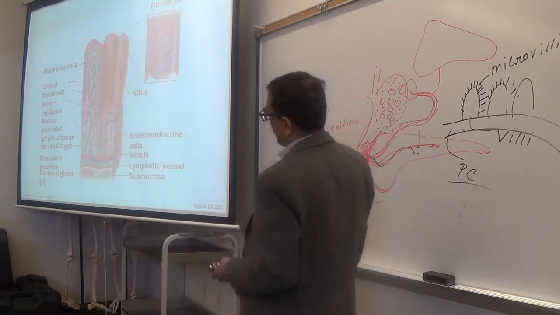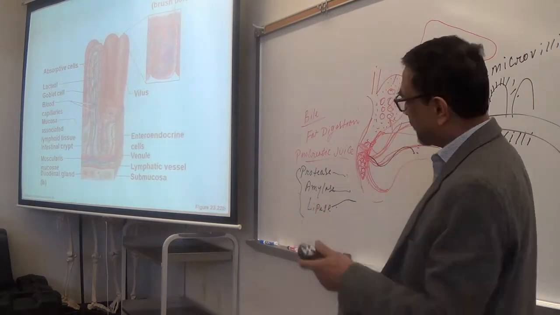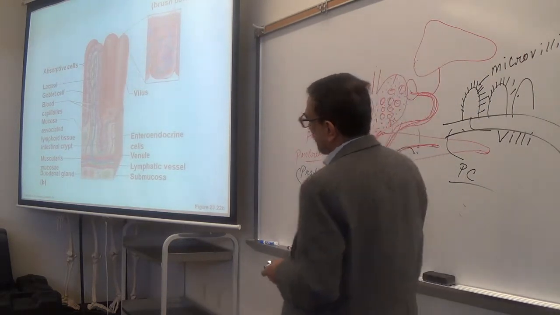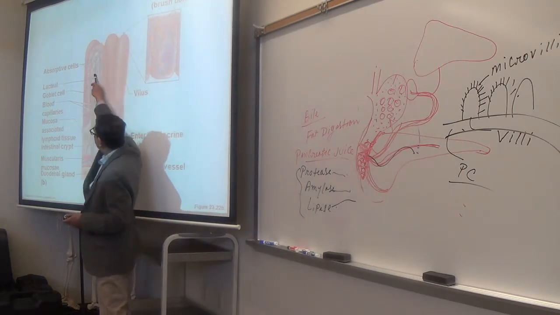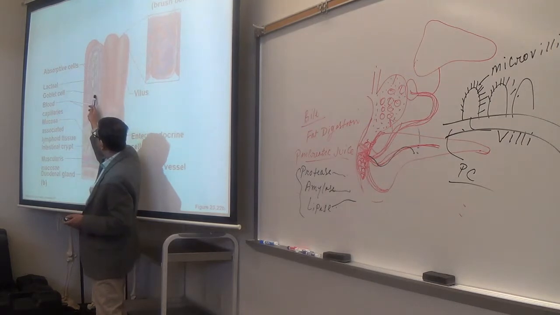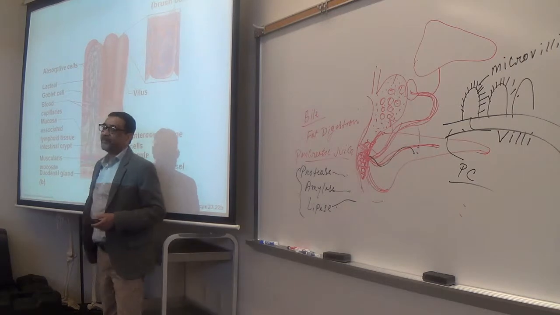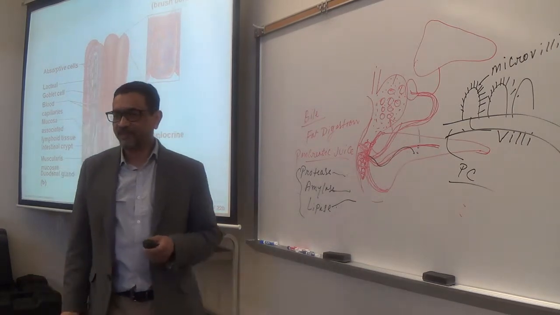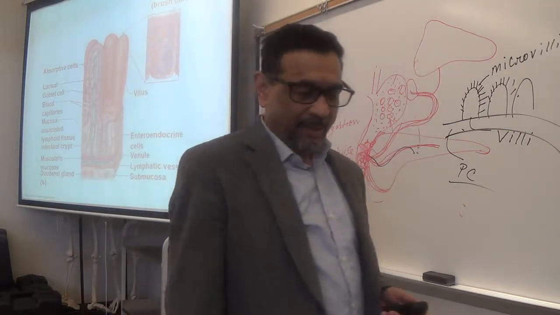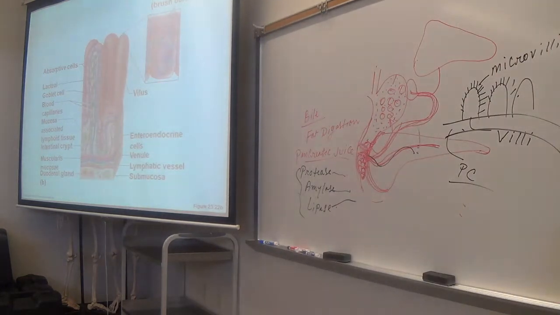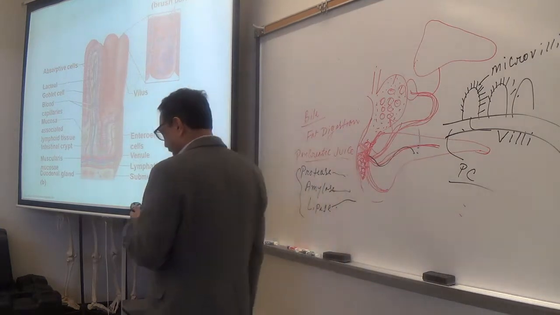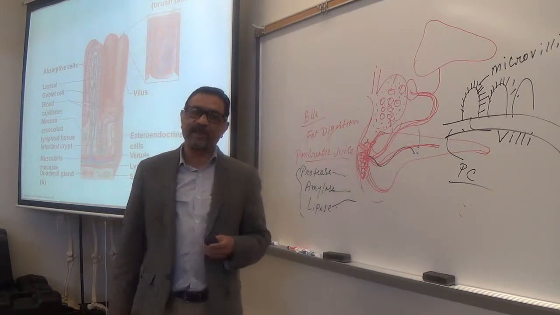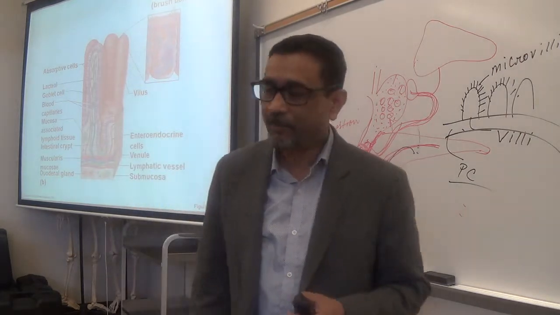Now, if you cut a villus, which is singular, and see inside, you will see blood vessels, arteries, veins, as well as the lymphatic vessel, the green one. The lymphatic vessels inside the villi of the small intestine are called lacteals.